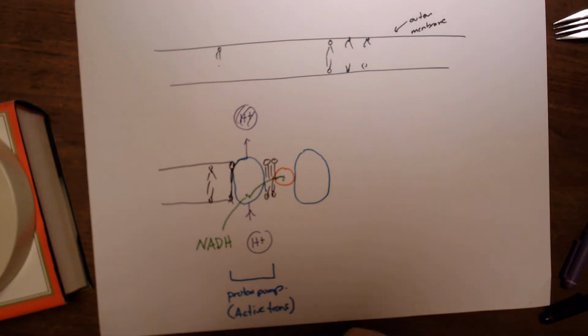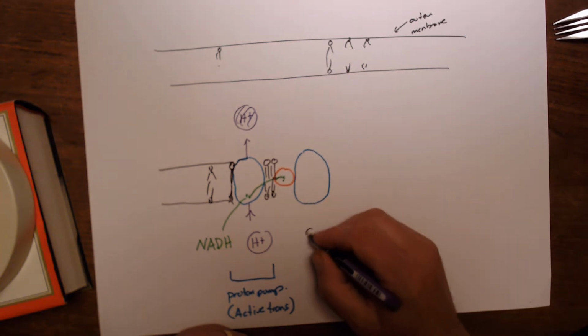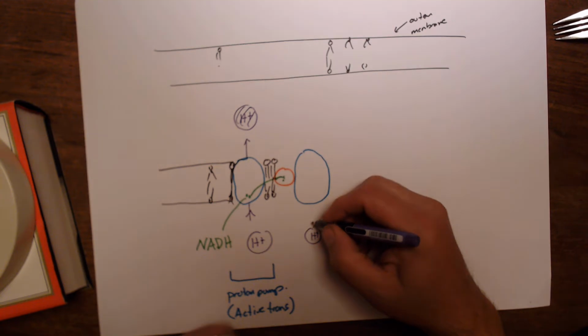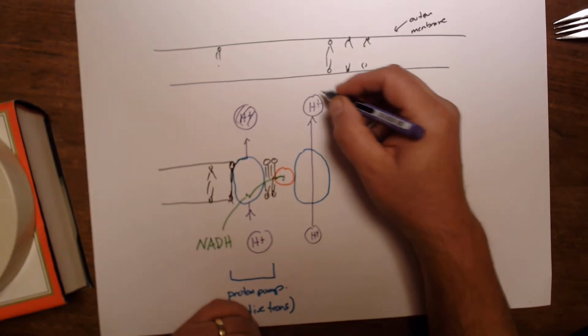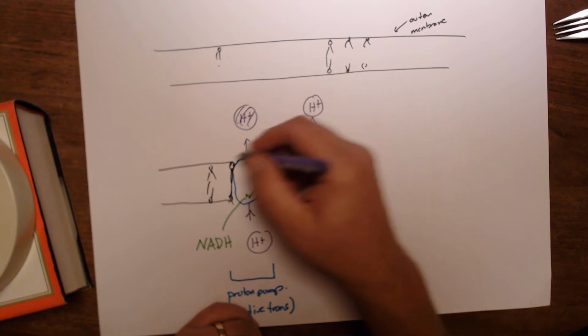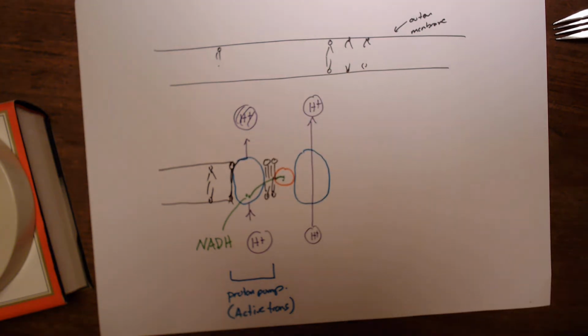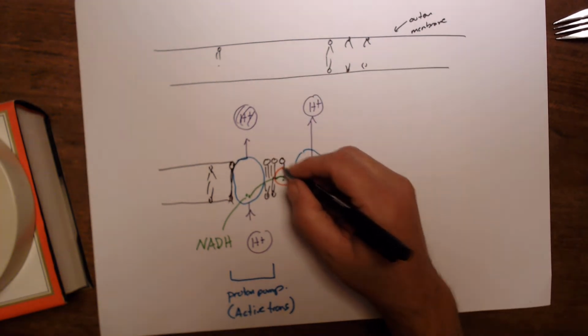And this proton pump does exactly as the first one does. It takes hydrogen ions, protons, and pumps it through the membrane. So, and now this proton is also up in this intermembrane space between the two membranes of the mitochondria.